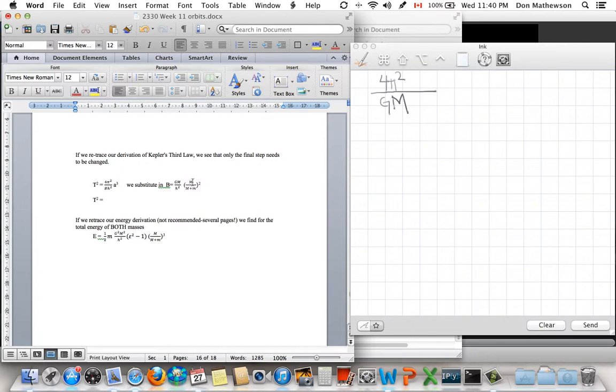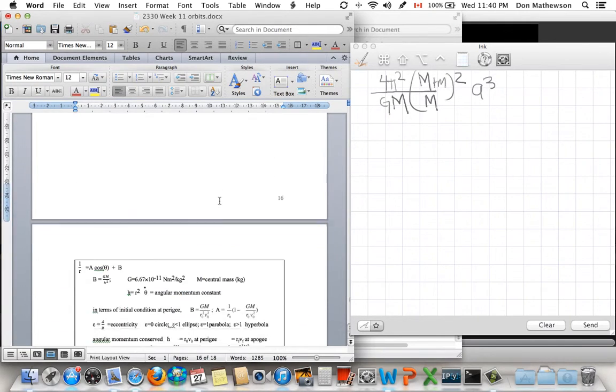And then we get this ratio, but let's see, I'm going to invert it. So this will be M, and this will be M plus big M squared, and then it's again times A cubed.